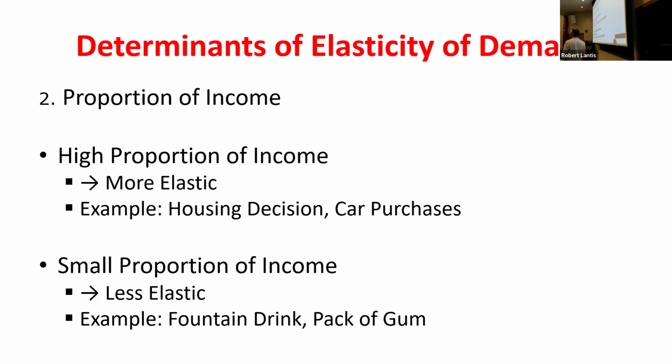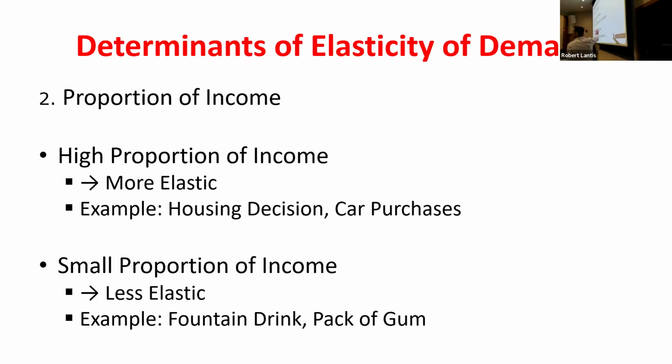So when something's a really small portion of your income, you don't worry about the price as much, right? You keep buying about the same amount, or you're going to be fairly inelastic. So when you see things that are a smaller proportion of someone's income, they don't respond as much to even large percentage changes in its price.